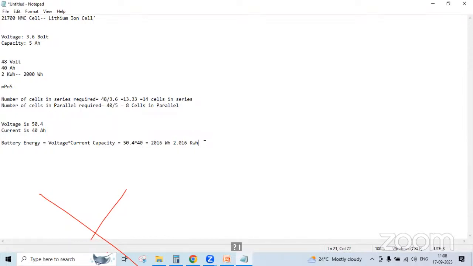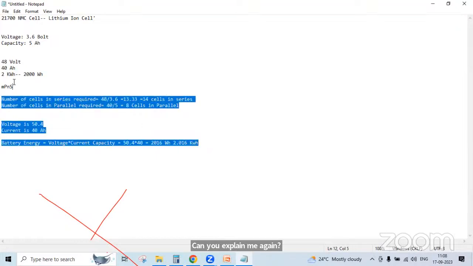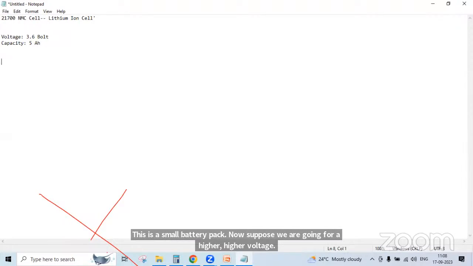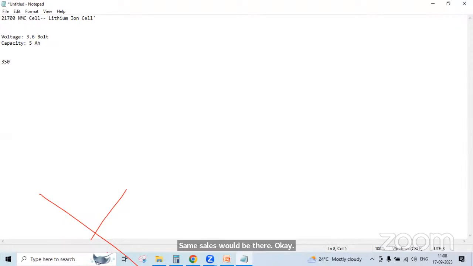Okay, so just forget about this. I am taking another example. This is a small battery pack. Now suppose we are going for a higher voltage. Same cell should be there. Now this battery pack should be 350 volt, for example, 350 volt and 200 Ah.